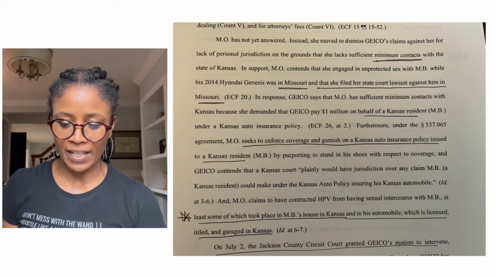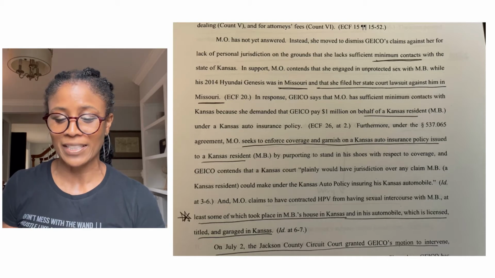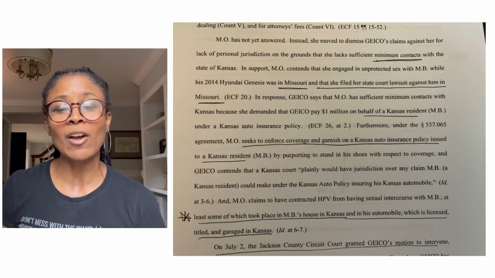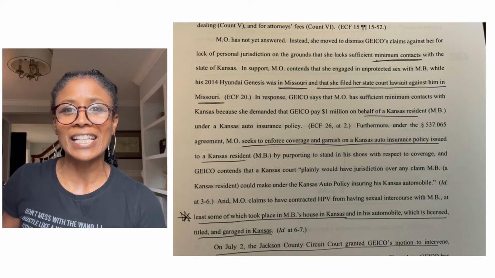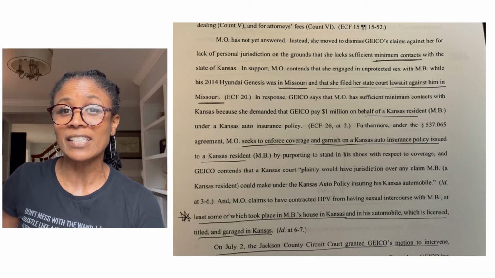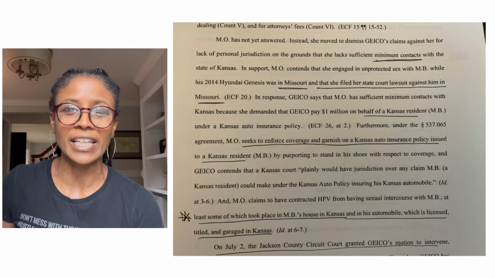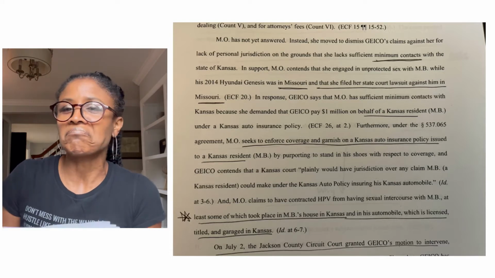Geico, of course, says MO has sufficient minimum contacts in Kansas because she demanded that Geico pay on behalf of this Kansas resident. So since the guy she was suing lived in Kansas, Geico's like, yeah, no, you're already in here. You're already touching Kansas.